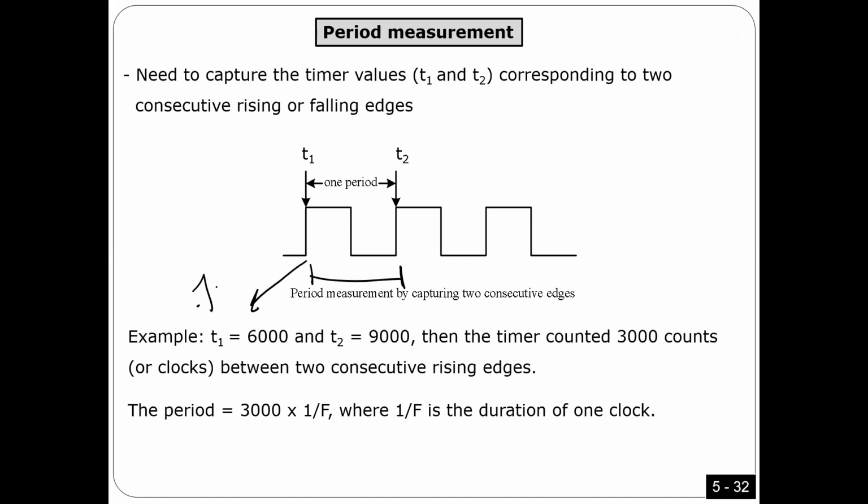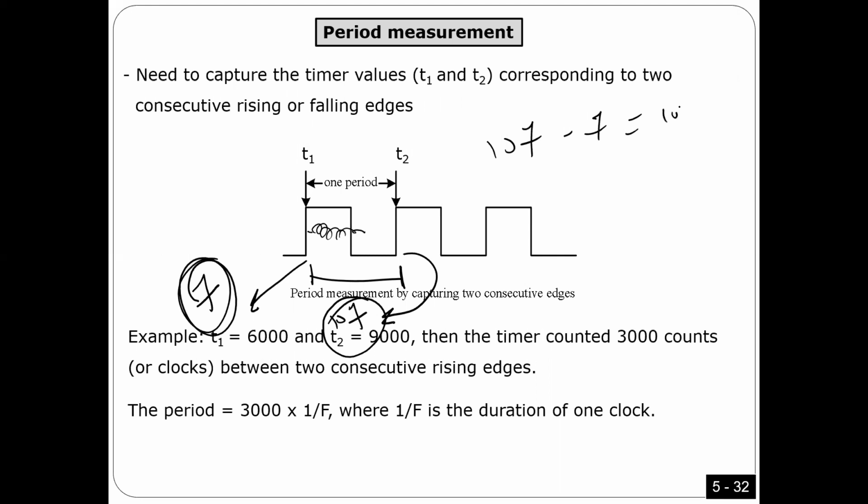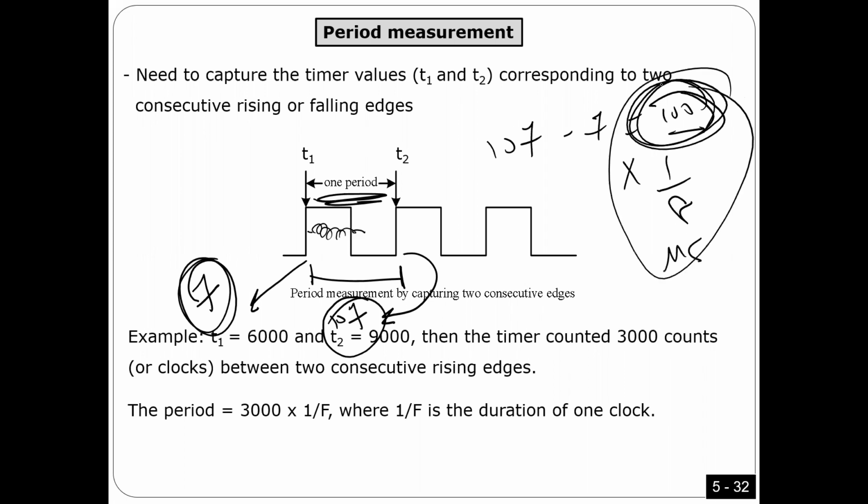For example, here the count was 7, and the count here was 107, right? Once I know the count of the timer here and the count here, I can subtract them to know how many counts there were: 107 minus 7, so the result is 100. That means from here to here the counter counted 100 times. So if you know the number of counts, you can multiply it by 1 over f, in microseconds, in order to get the time from here to here.